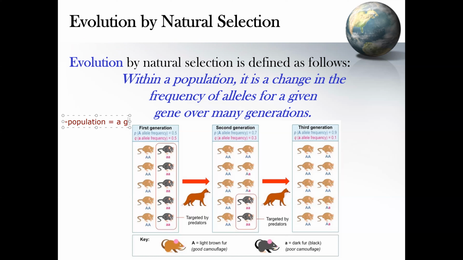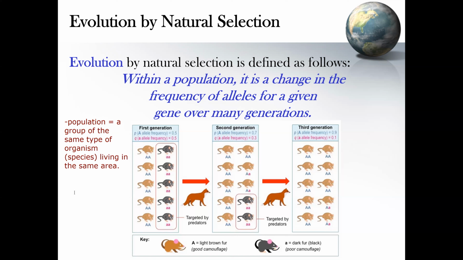A population is a group of the same type of organism. We're going to call that a species, living in the same area. So this would be a population of a certain type of mouse, let's say in a field.